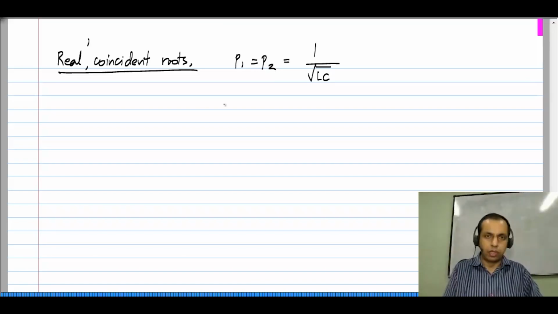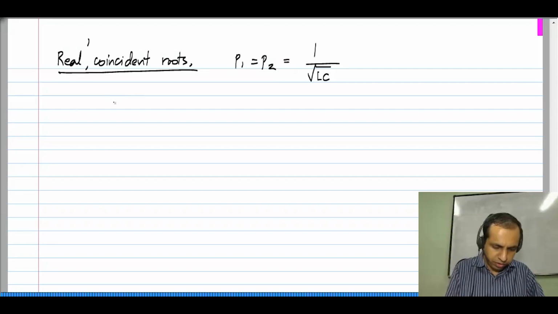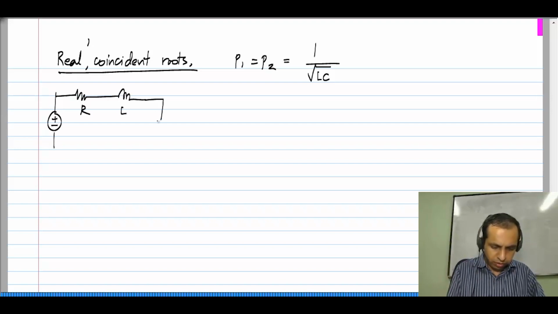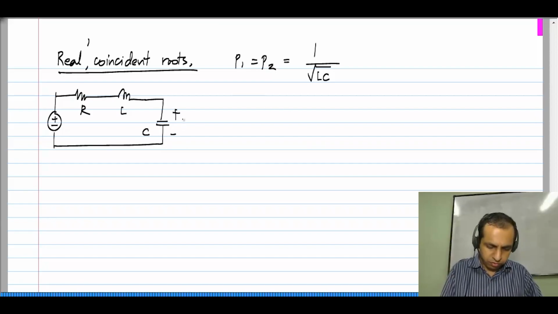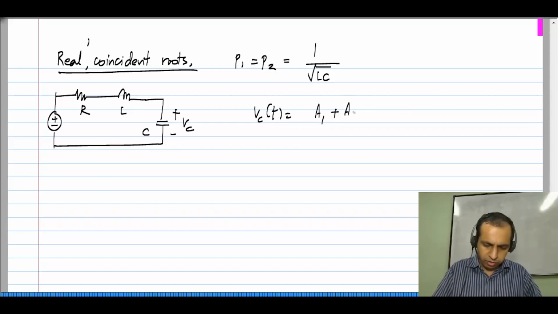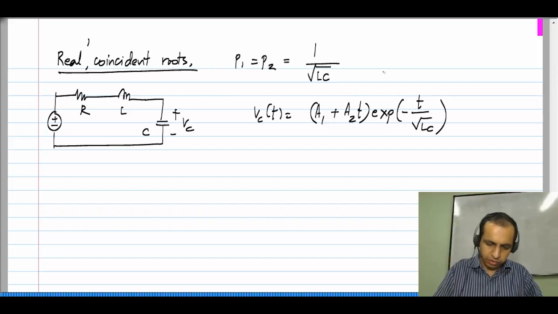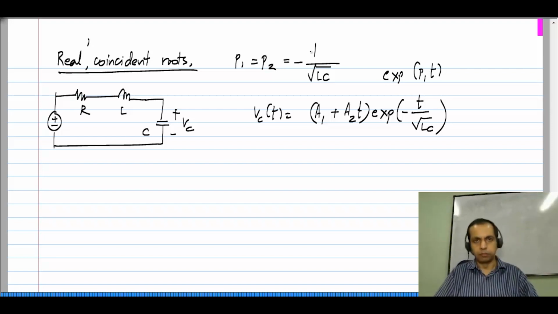And in this case the natural response, of course this is for our usual RLC circuit, the natural response for VC is going to be (A1 plus A2 t) times exponential minus t by square root LC. This is basically exponential P1 t.